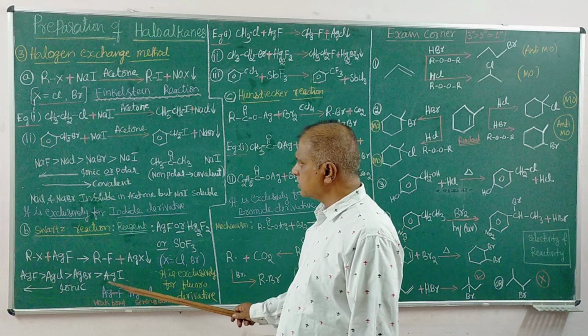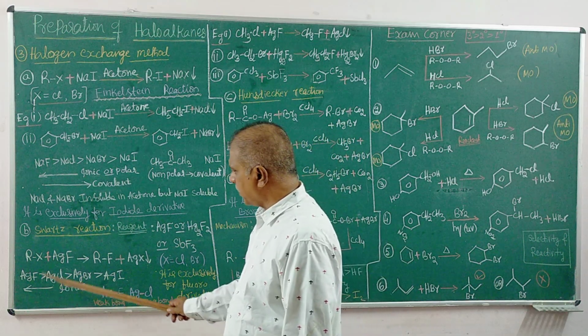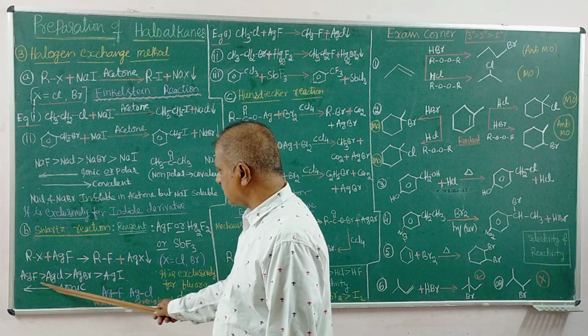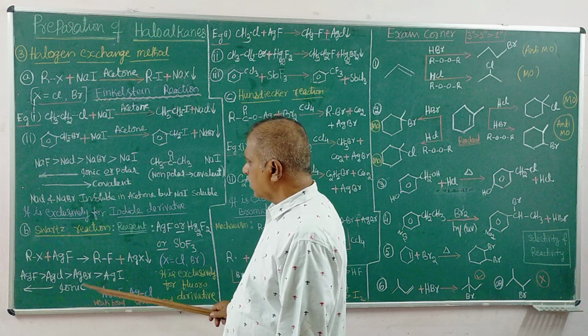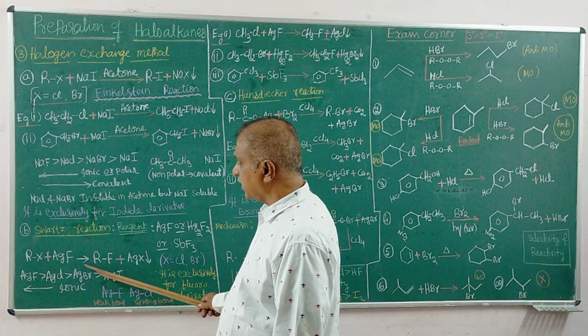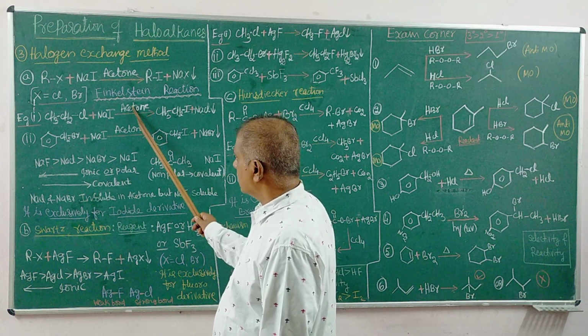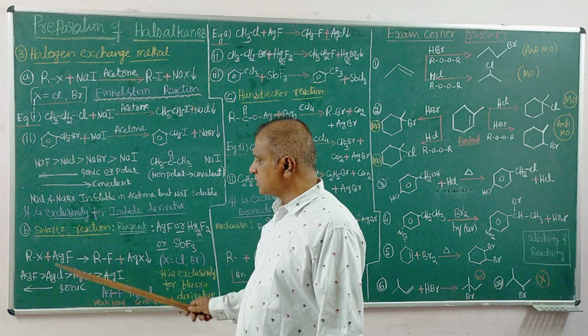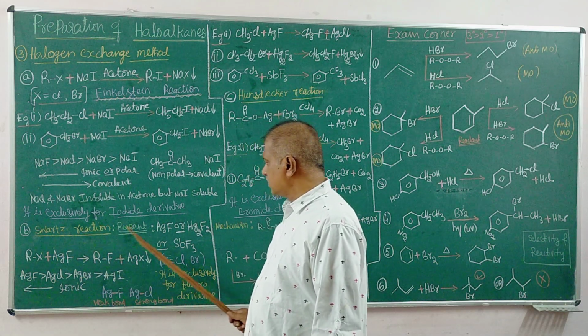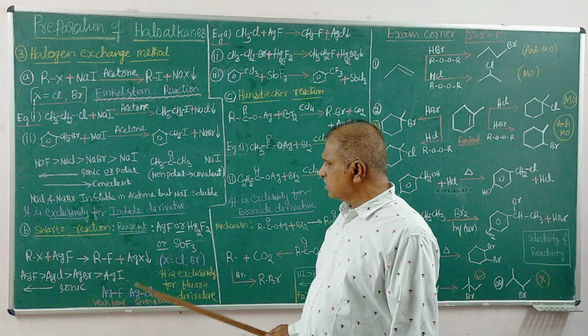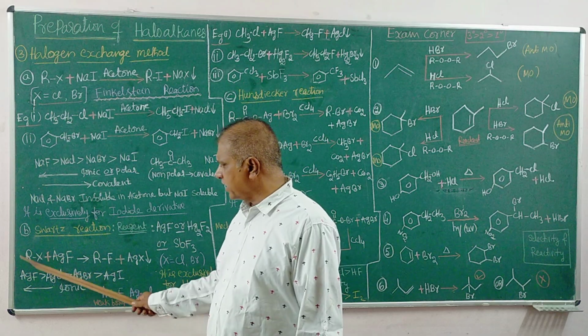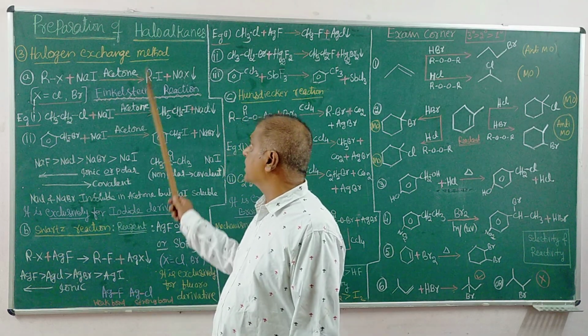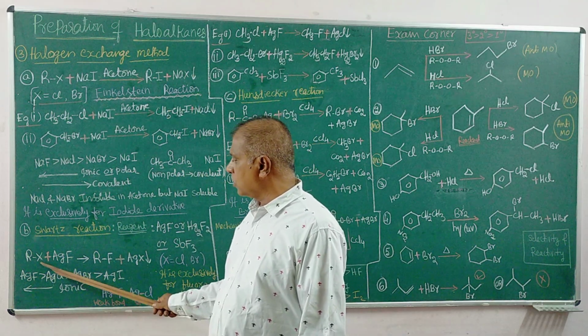The ionic property of this compound is similar to the earlier case. But the reaction does not take place in any medium like this. It is direct mixing. These are solid substances: this solid and this organic compound, the chloro or bromo derivative of haloalkane.